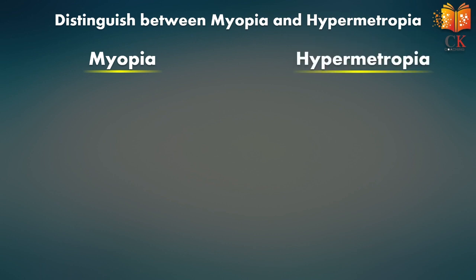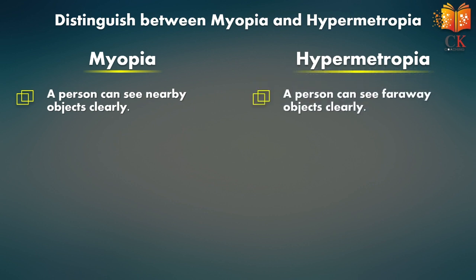Now, what is the difference between myopia and hypermetropia? This was a PYQ, a previous year question, for 3 marks, so we have to remember the difference. We'll make a column here and divide it into two parts, myopia and hypermetropia. First, a person who has myopia can see the nearby object clearly, but a person suffering from hypermetropia can see the far off object clearly.